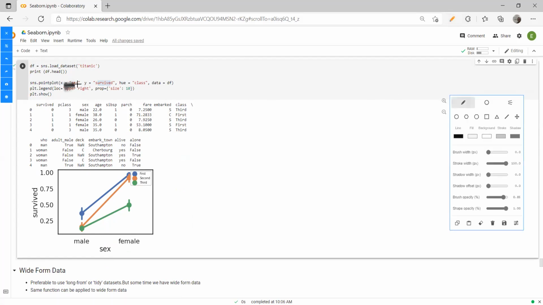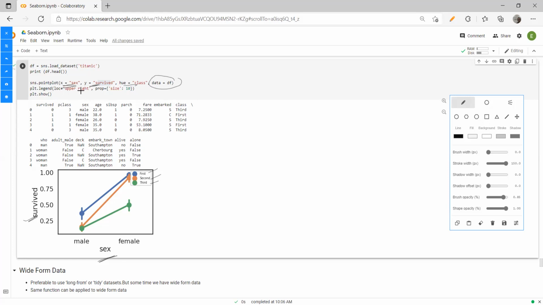So this is my x-axis, that is x, the y-axis is survived, and that is hue. So you are having three different things: male, female, and the hue is a class, so first, second, and third class. And this is the data that is coming from df, the data frame.